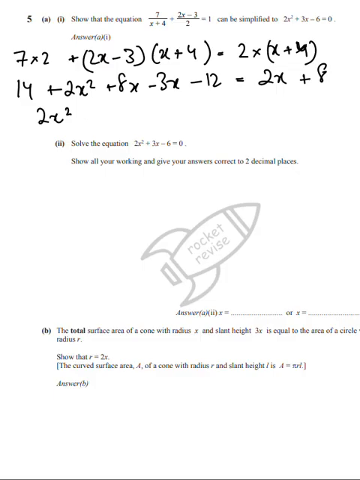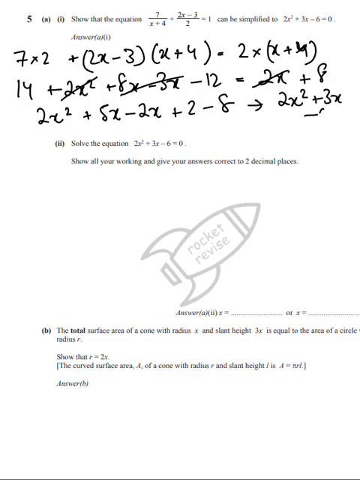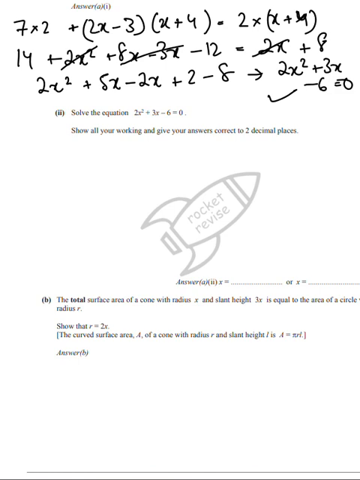2x squared plus 5x minus 2x. So we are removing all of this. Plus 2 minus 8. This becomes 2x squared plus 3x minus 6 equals 0. Done? Okay.